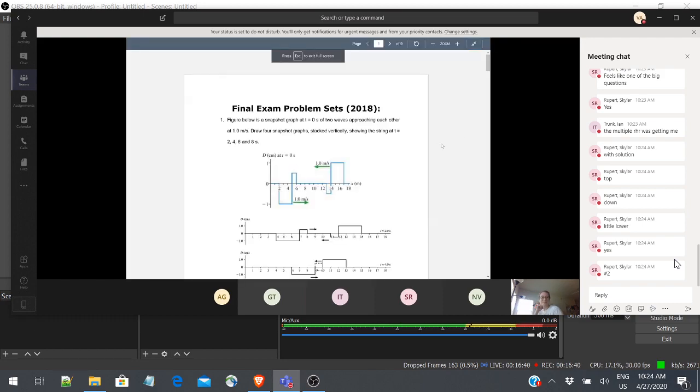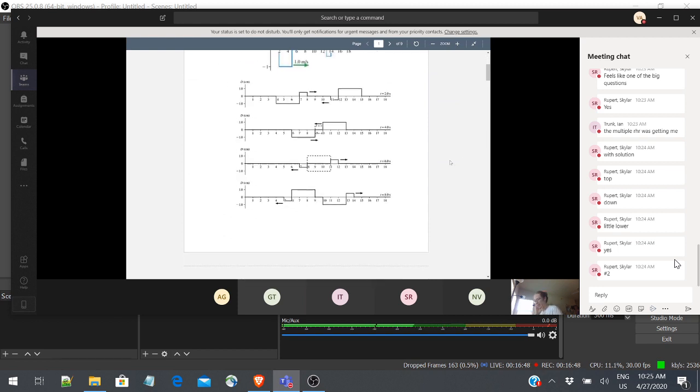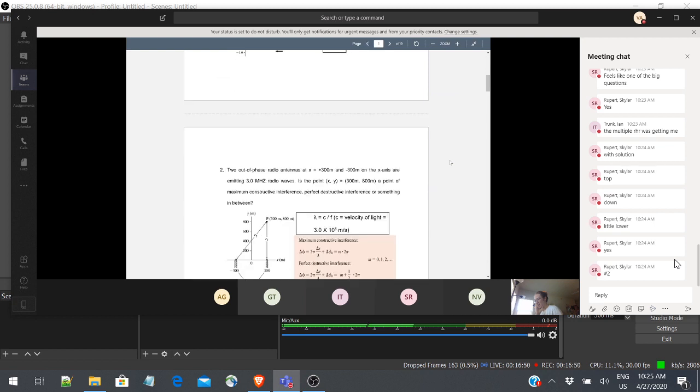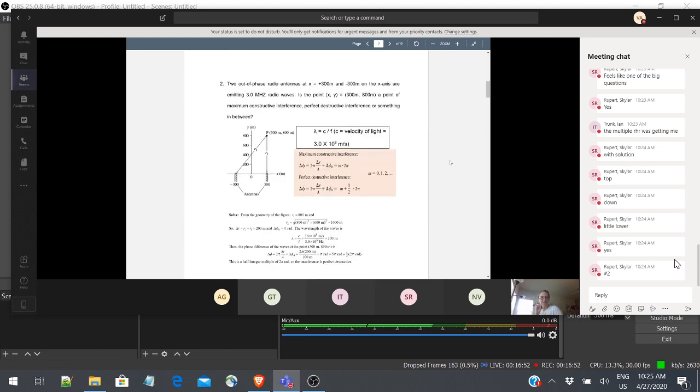Oh, I see. This is why you were asking about drawing snapshot graphs. I didn't look at this. Good God. Two out-of-phase radio antennas. Oh, this is an equation you already know.